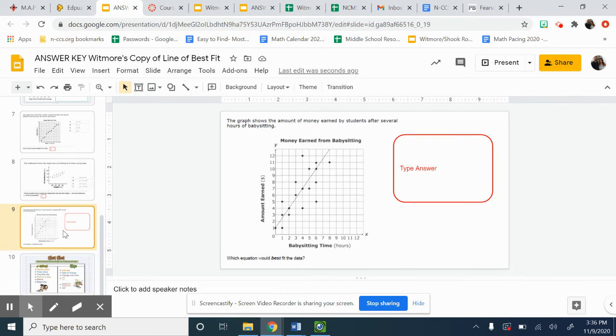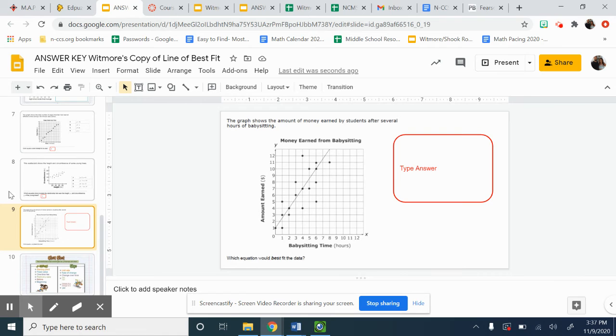Let's look at one more together. So this graph shows the amount of money earned by students after several hours of babysitting. So we have your babysitting hour or time and your amount earned. So which equation would best fit the data? Before we can do anything with trying to create an equation, we have to decide on some data points.